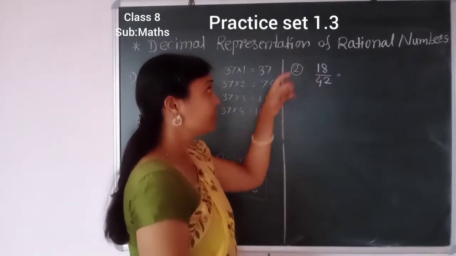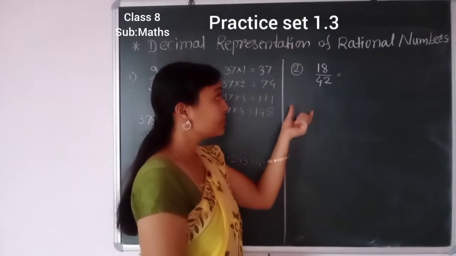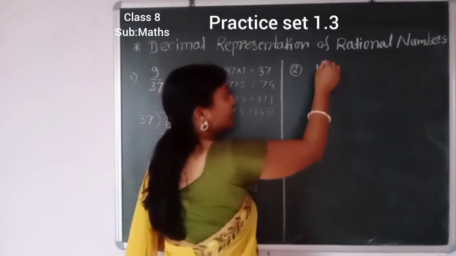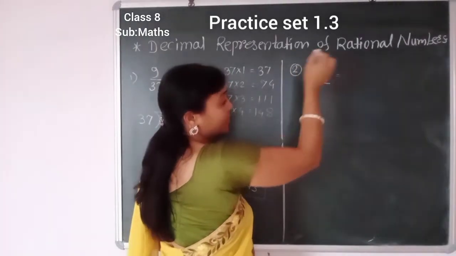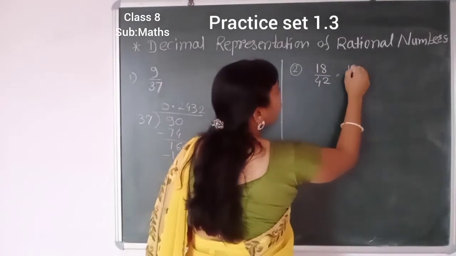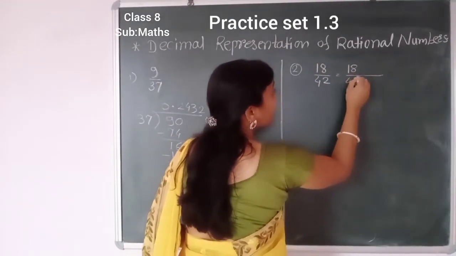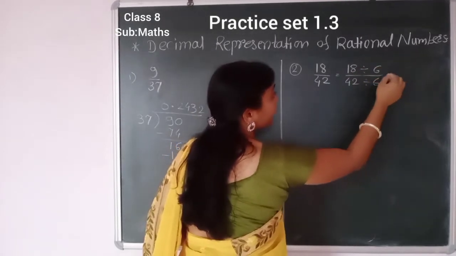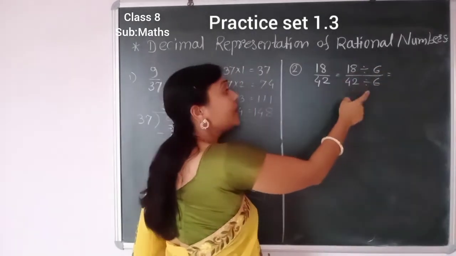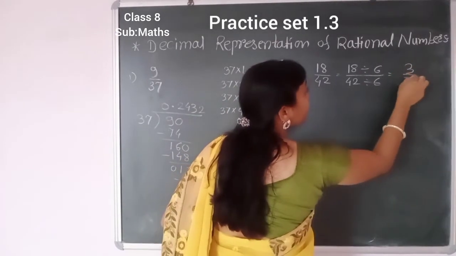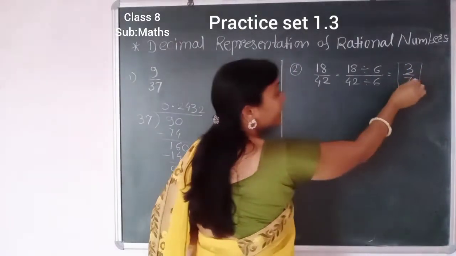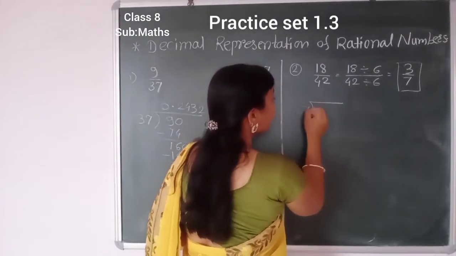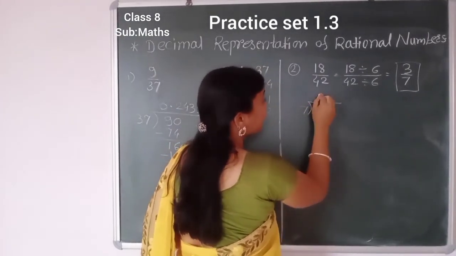Next example is 18 by 42. We could solve this division directly, but I first make the rational number into its lowest form by dividing numerator and denominator by 6. We get 3 by 7, and this division is very easy. 3 divided by 7.